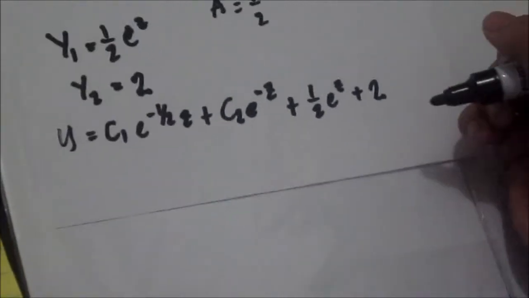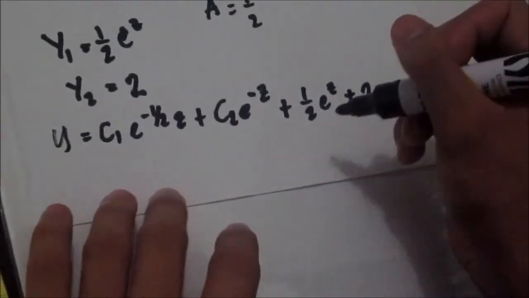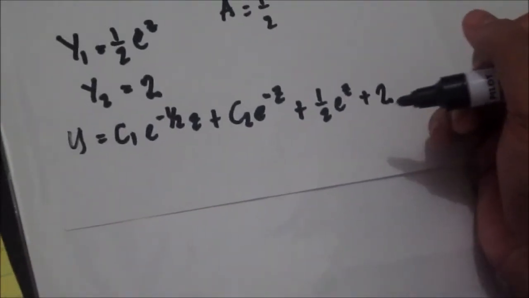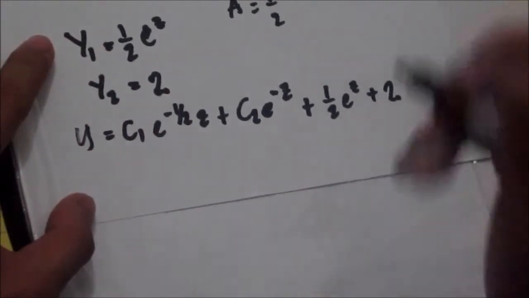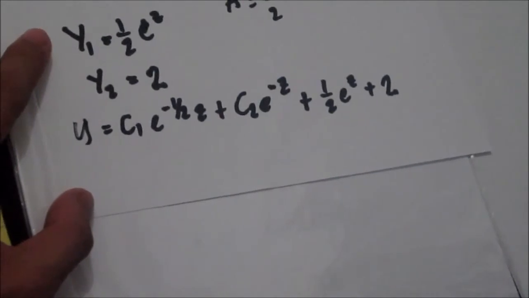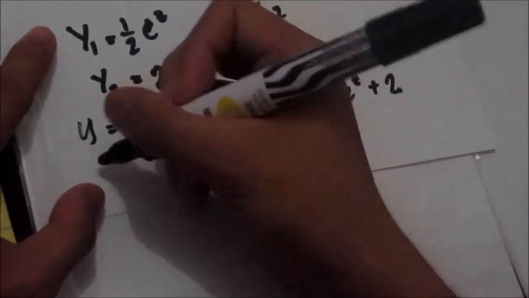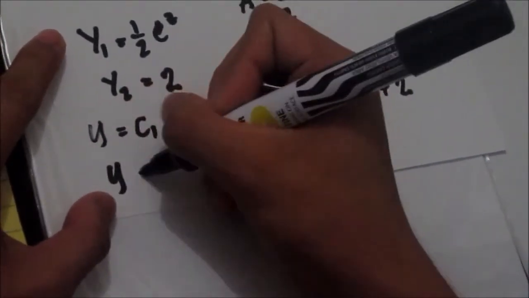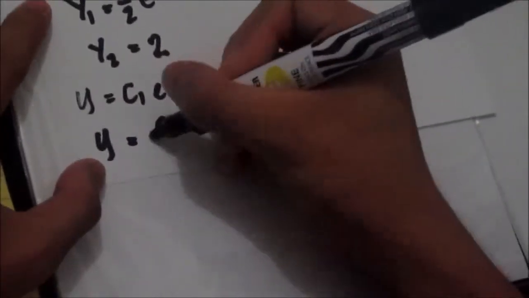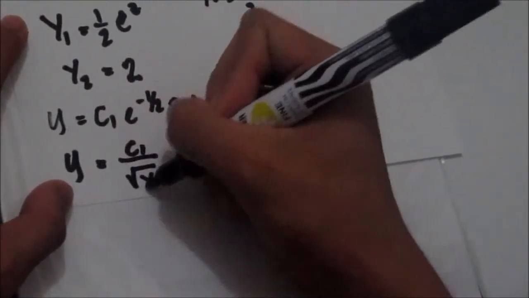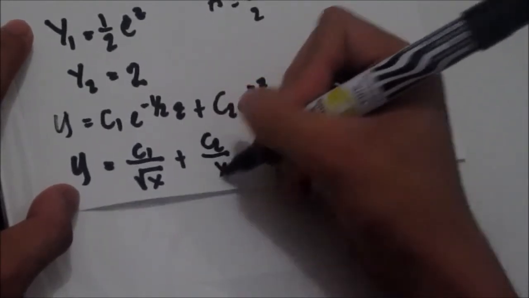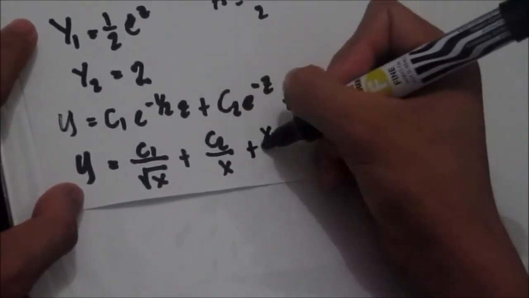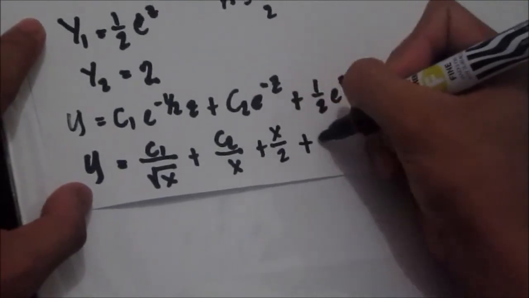And since this is still not in the original variable x, we will need to convert it back to x. So we will get y is equal to c1 over square root of x plus c2 over x plus x over 2 plus 2.